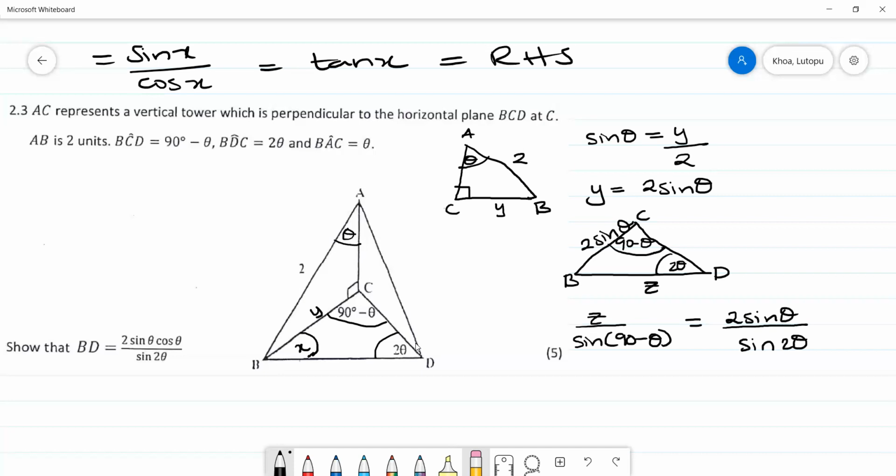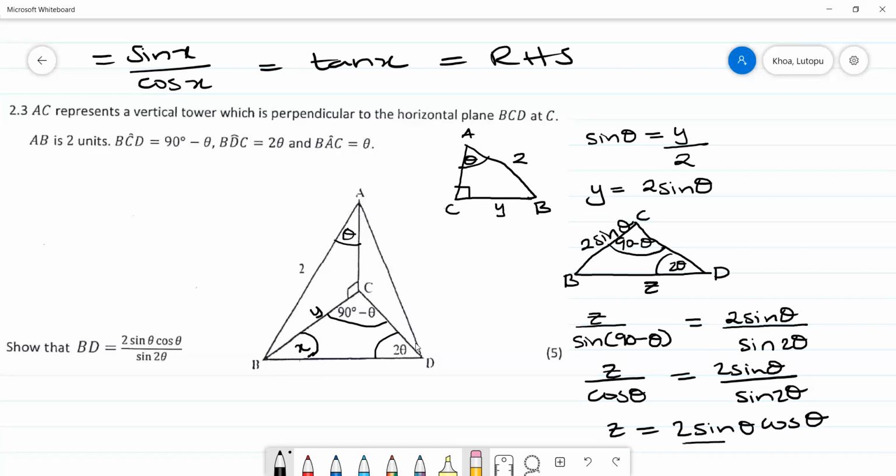Now this is a complementary angle identity, so we should know that this is Z over cos theta, equal to 2 sine theta over sine 2 theta, and this means that Z is 2 sine theta cos theta over sine 2 theta.